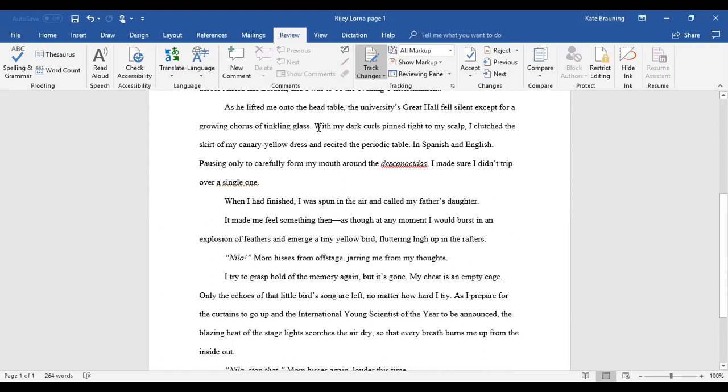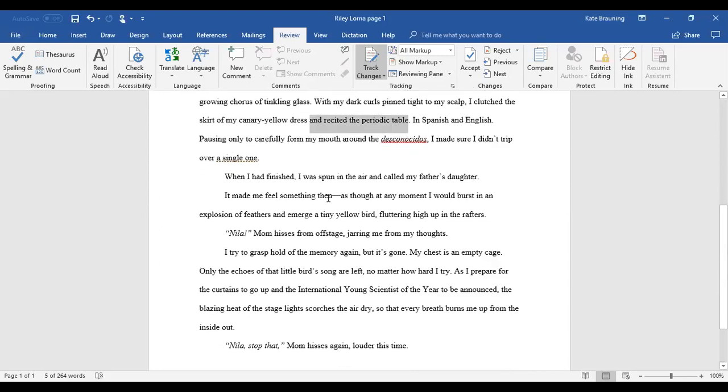And we get some really lovely tight detail here that's very specific to her. She's reciting the periodic table, which is impressive for a 4-year-old. And she's also doing it in Spanish and English. One interesting little editorial note now is that more and more imprints are asking authors to put still-spoken foreign languages not in italics.